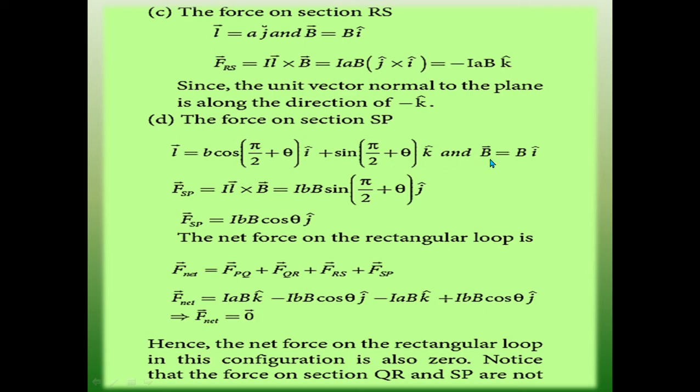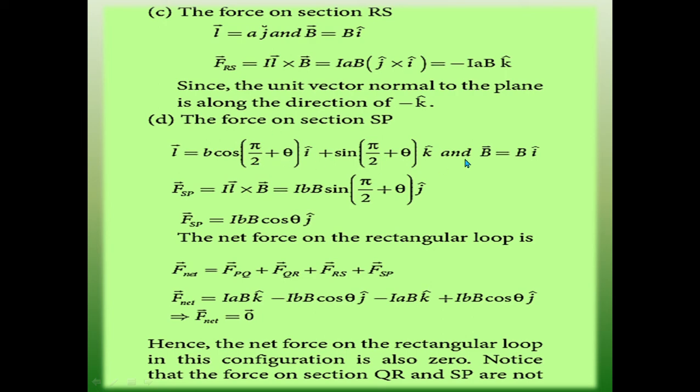Then already we know the magnetic field acts along the i cap direction, so that is why B vector is equal to B into i cap. Now the equation can be written as, this i cap multiplied by these two terms, what happened? i cap cross k cap is nothing but j cap, and i cap cross i cap is nothing but 0. So this term will be 0.